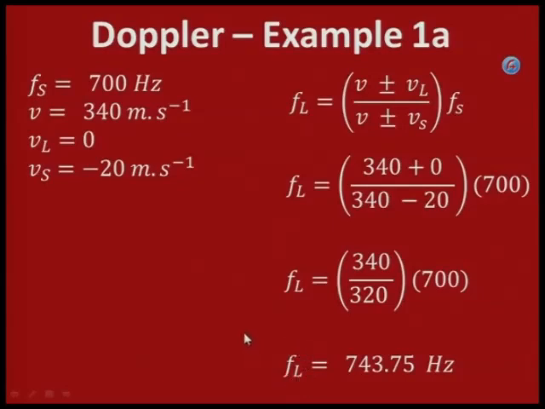Now let's see if it makes sense. Always check your Doppler answers to see if it makes sense. The ambulance is driving towards you, so the frequency should be higher. The frequency of the source is 700. 743 Hertz is higher than 700. So your answer is correct.